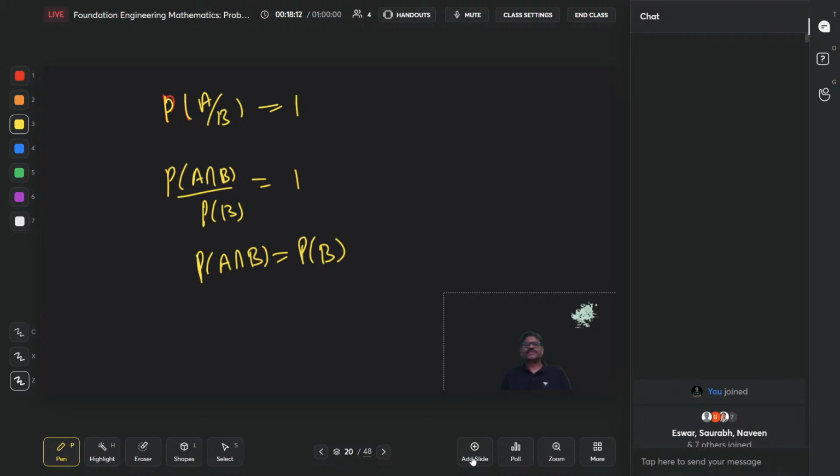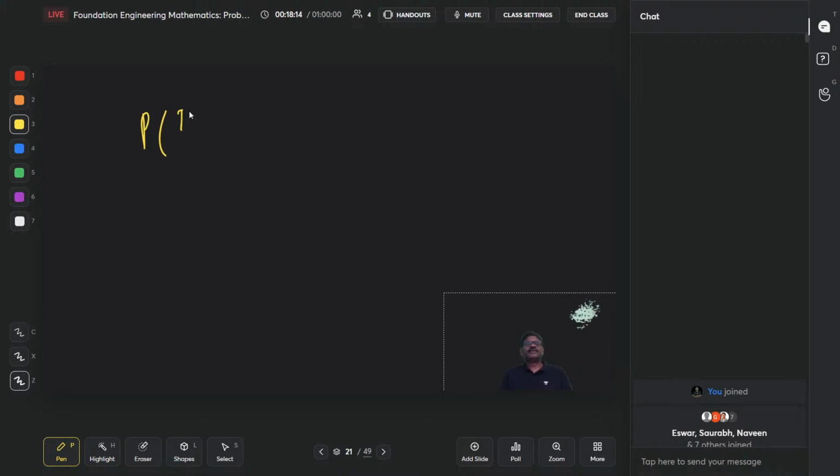Next, probability of B complement given A complement equals probability of B complement intersection A complement by probability of A complement.